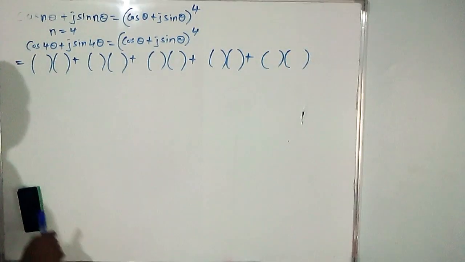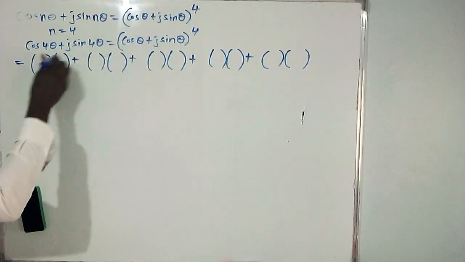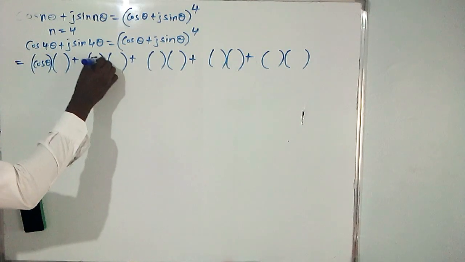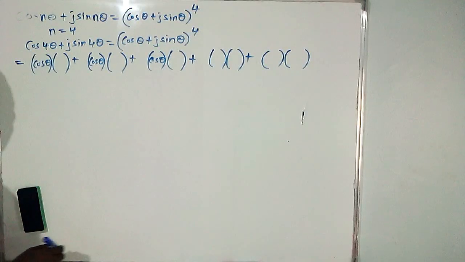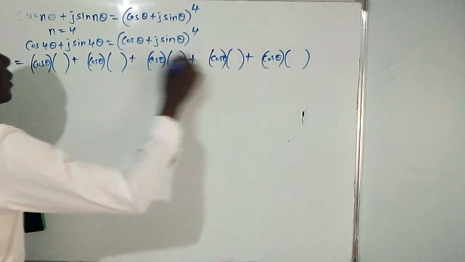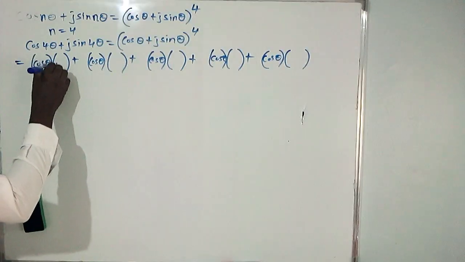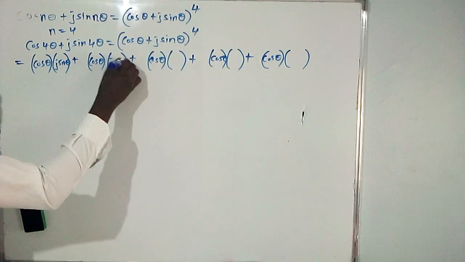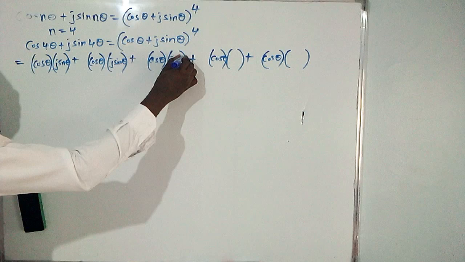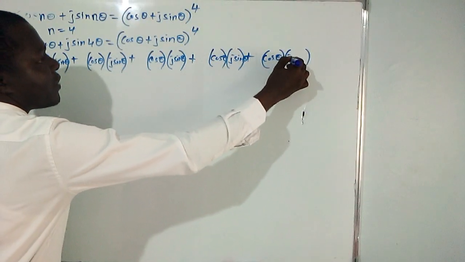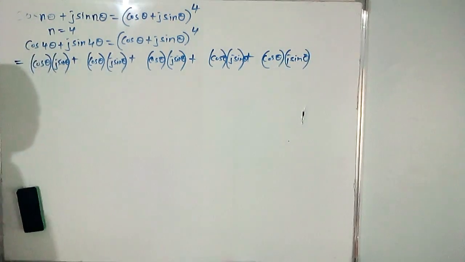The first term in this binomial expansion is cos theta, so you put cos theta in the first bracket. Then the second term is positive j sin theta, so you put j sin theta in the second bracket.